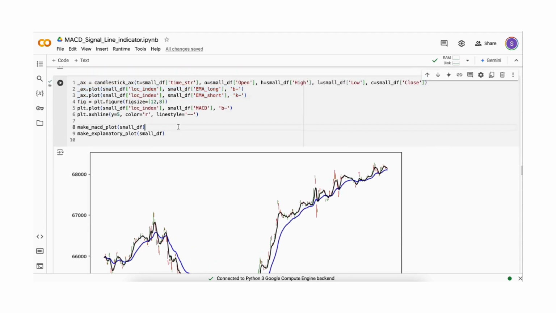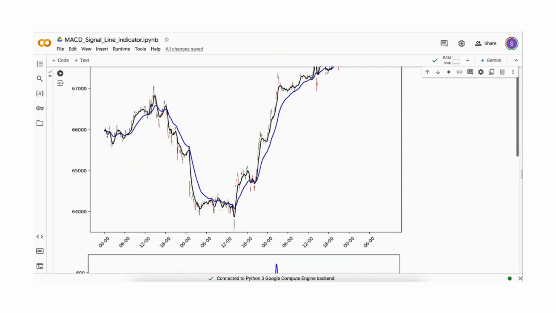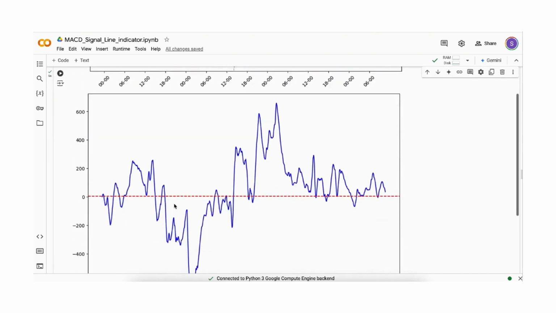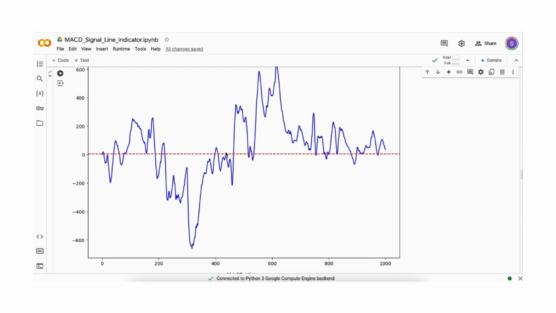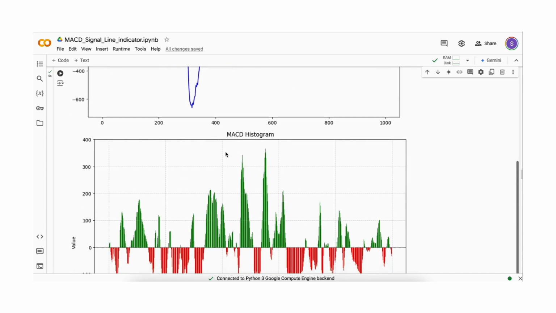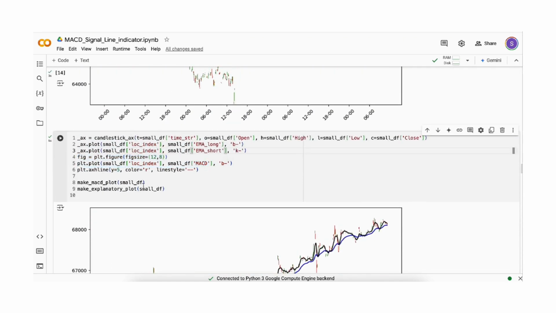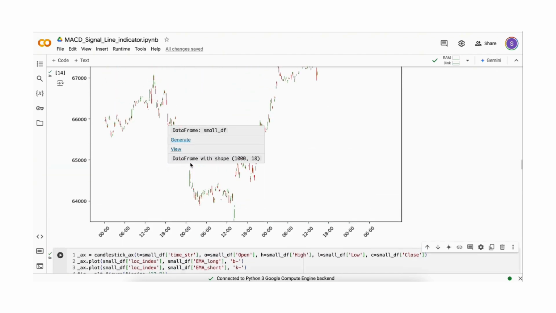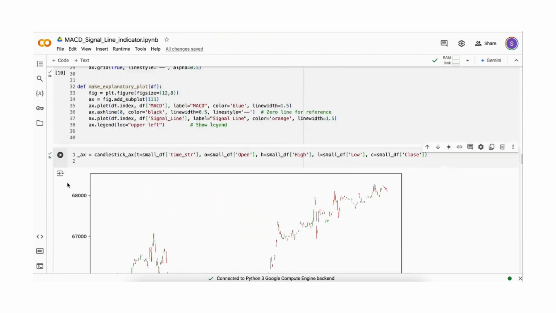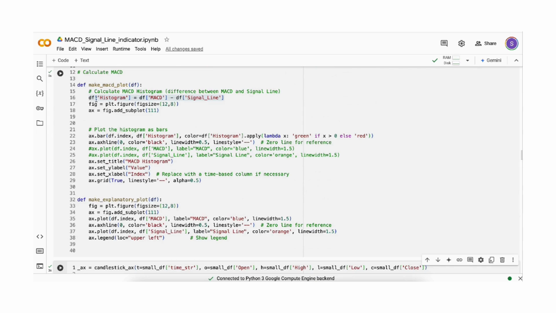And then in a separate plot, we plot the MACD, which is this blue line here, which is simply the difference of the fast and the slow moving averages. And the final plot is the histogram, which is the plot you see in this function called make MACD plot. We can go through that plot. So first we calculate the difference between the MACD and the signal line.